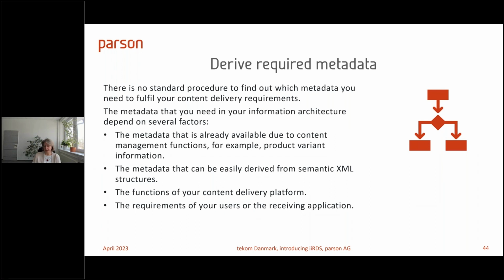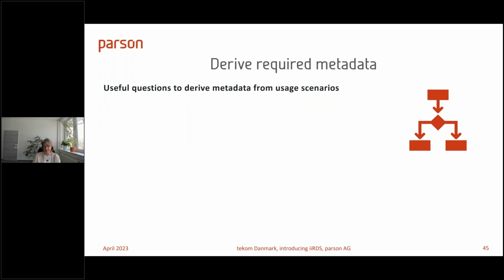Then you have metadata that can be easily derived from your XML structures, like the topic types. Then you need to take a look at the functions that you want to provide in your content delivery application and the requirements of your users. What do they want to search for? Do they need search facets, for example?